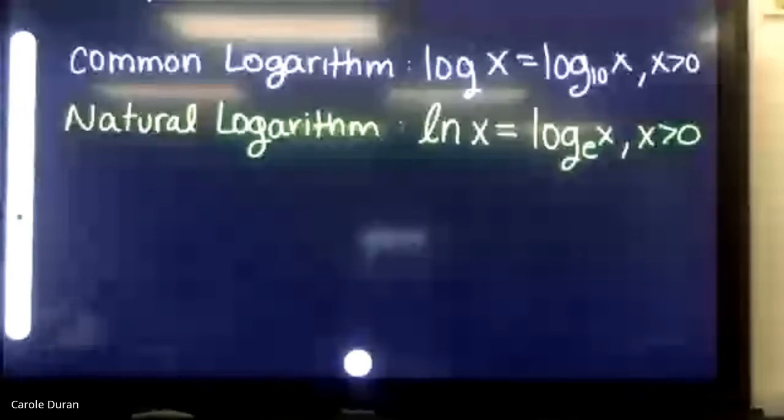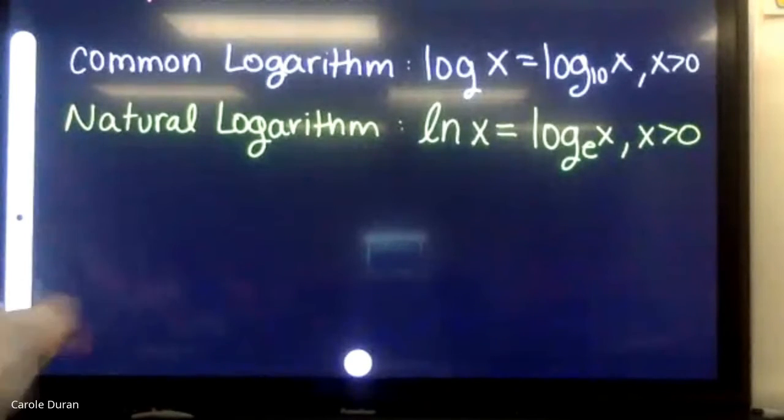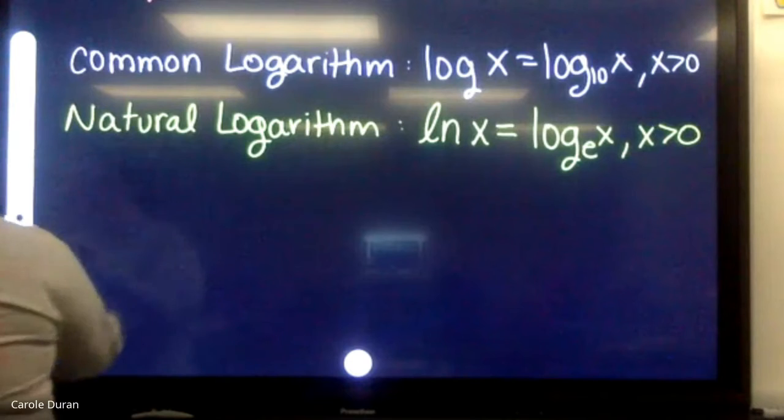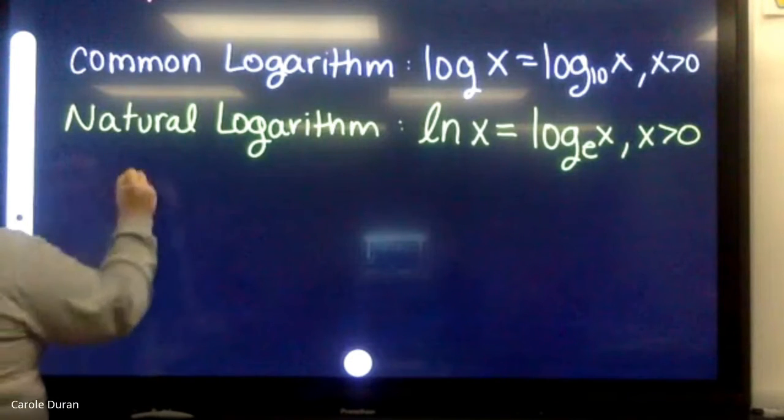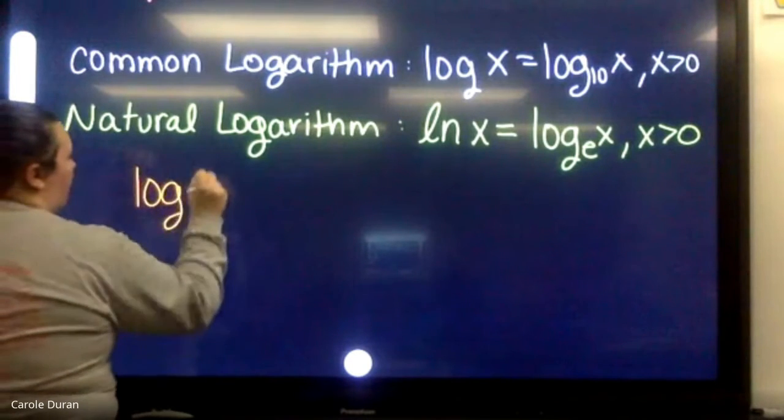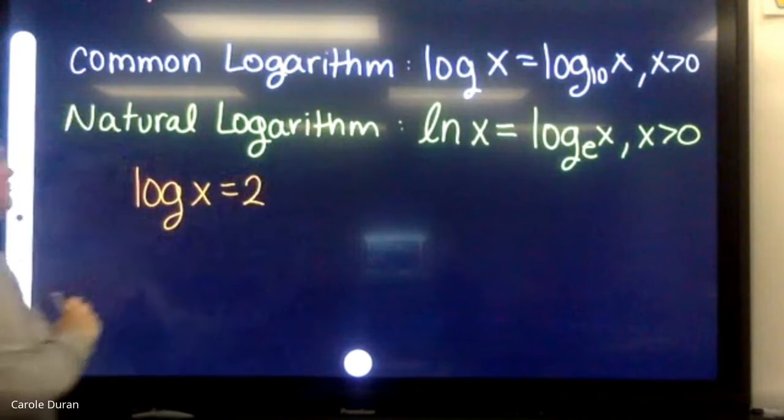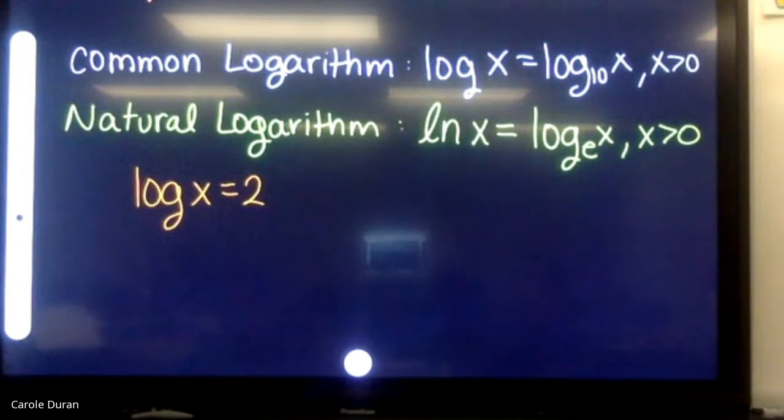Yeah. So then we're going to practice converting using these different types of logarithms so you can see the relationship. So doing an example like we had before, if I have log of x equals 2, what do I know about the base of this log? It's 10. If it doesn't tell you what it is, we assume it's 10.